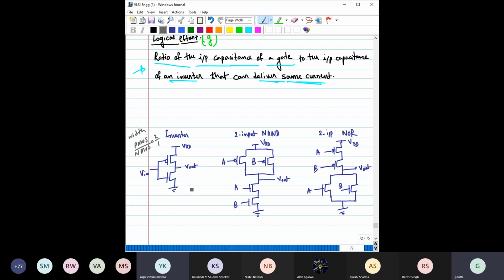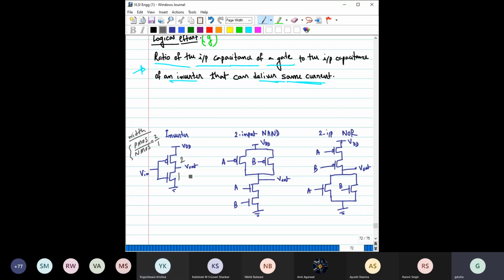So you have to make the resistance of the PMOS and NMOS the same, and depending on the technology node and the mobility of electron and hole, this ratio will change. But for a particular technology node we have fixed this width, so this is 2 and this is 1.